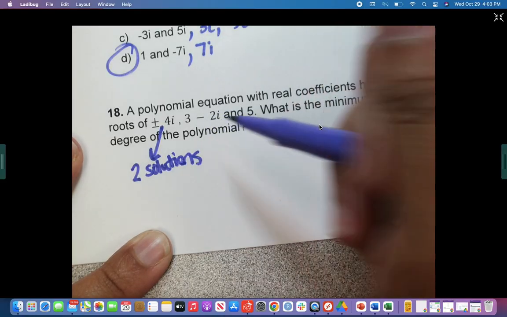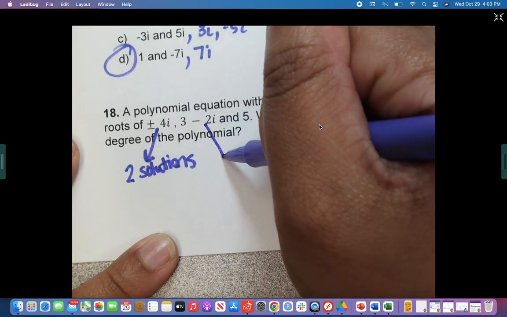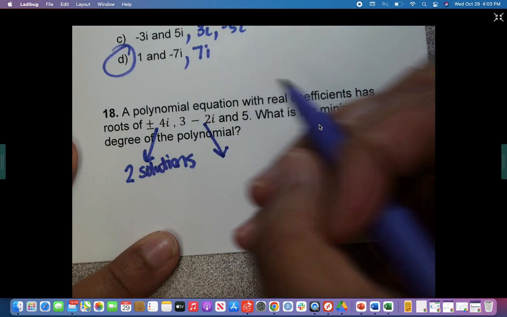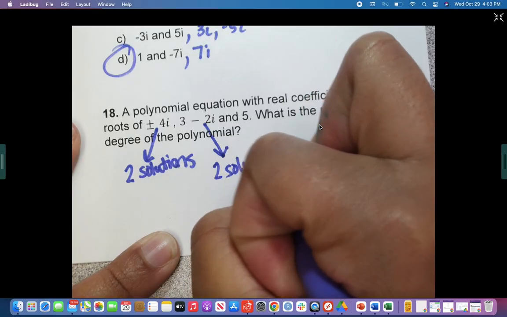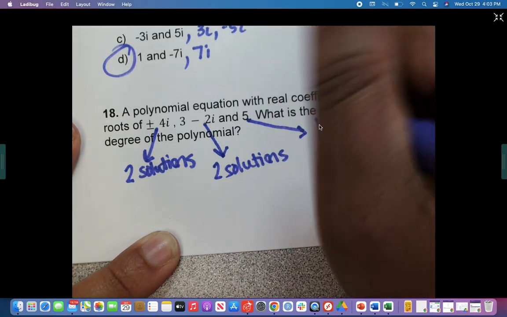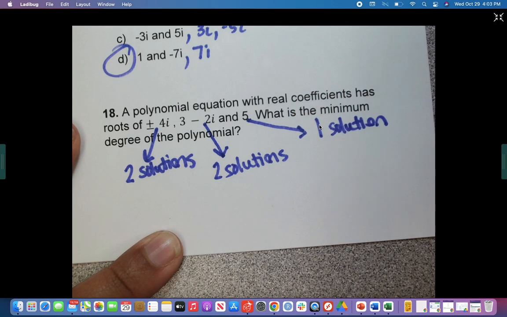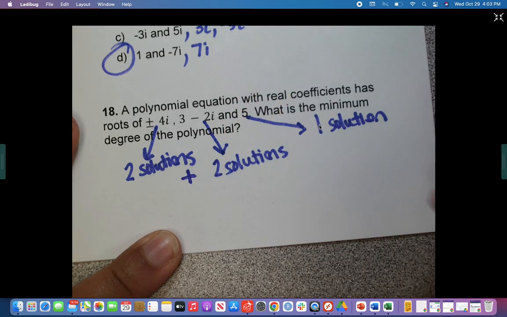Three minus 2i, so we're missing the conjugate on that. So another root would also be 3 plus 2i, so that's another 2 solutions. And then we've got this real solution 5, so that's 1 solution. So altogether, 2 plus 2 plus 1 is 5.